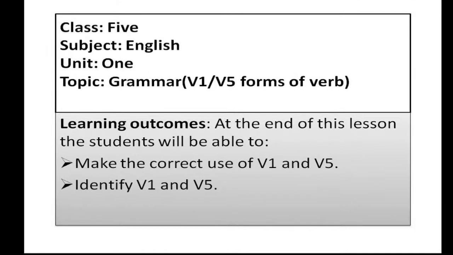At the end of this lesson, you will be able to make the correct use of verb 1 and verb 5. Where verb 1 will be used and where verb 5 will be used, you will be able to use them properly, and you will also be able to identify which is verb 1 and which is verb 5. So these are the learning outcomes of today. Now let's start our class formally.